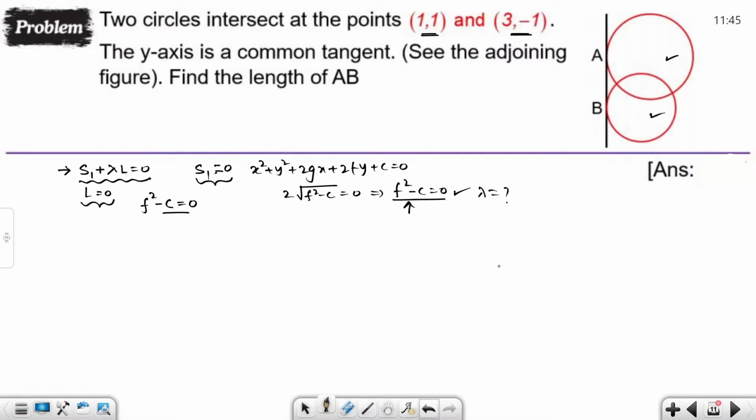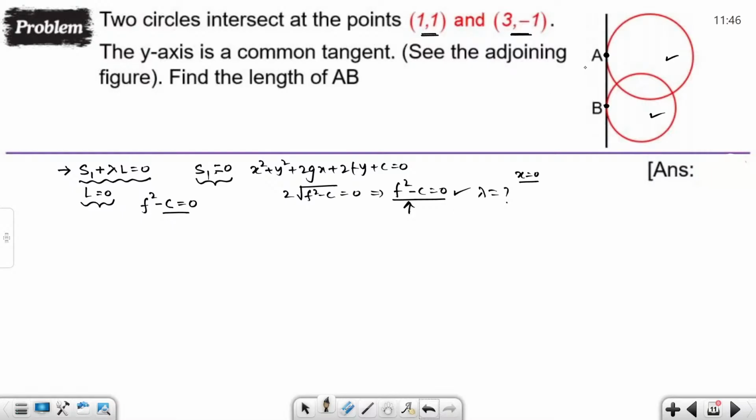Then in that equation of the circle, you have to find out where it is touching the y-axis. So in that equation, you will put x equals to 0. If you put x equals to 0, you are going to get the point where the circles are touching the y-axis.